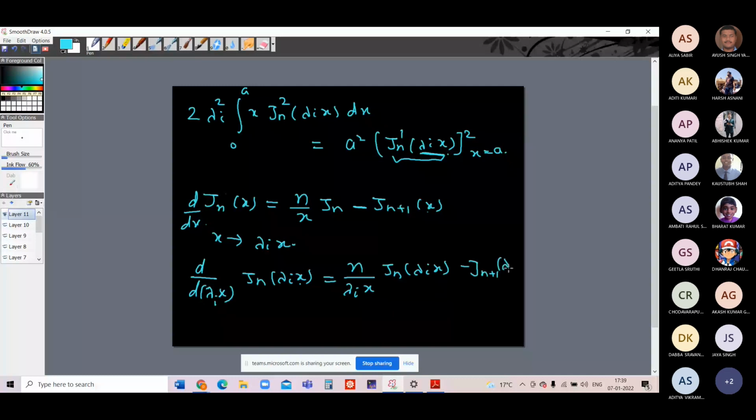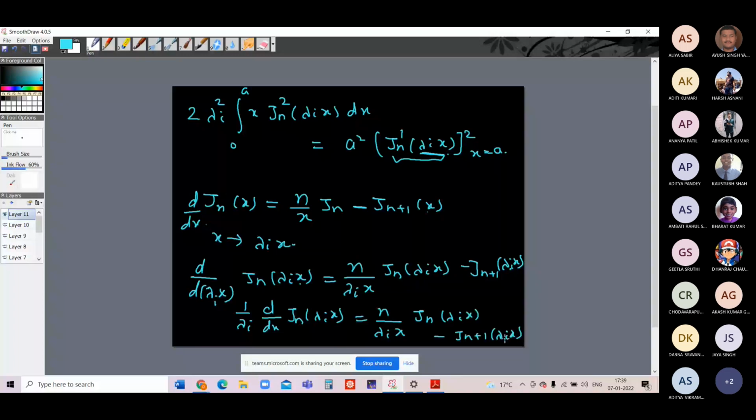This will give 1 upon lambda i d by dx of Jn lambda i x is equal to n by lambda i x Jn lambda i x minus Jn plus 1 of lambda i x.